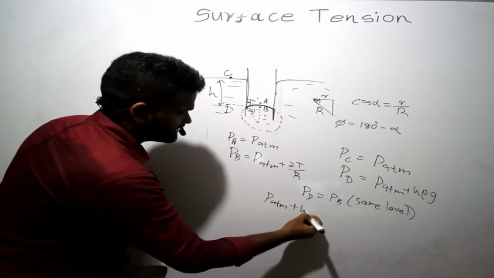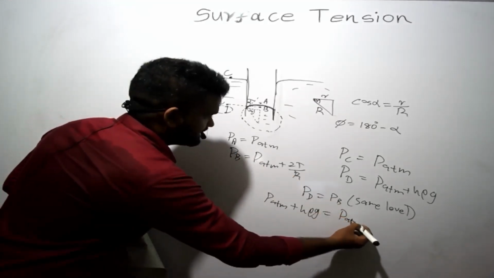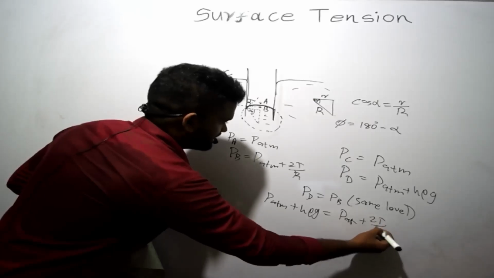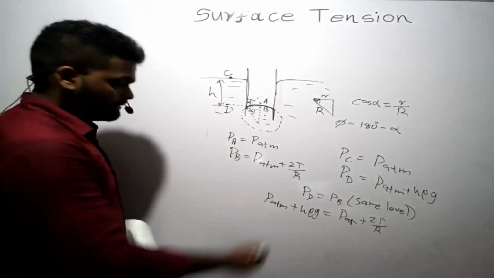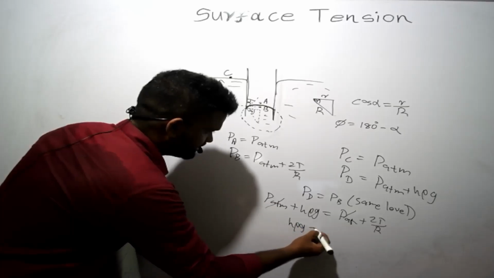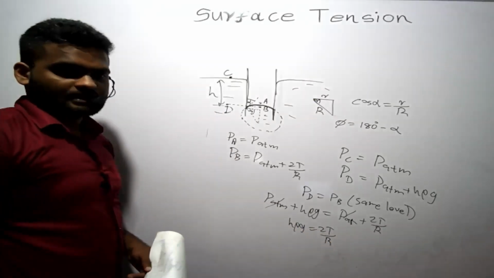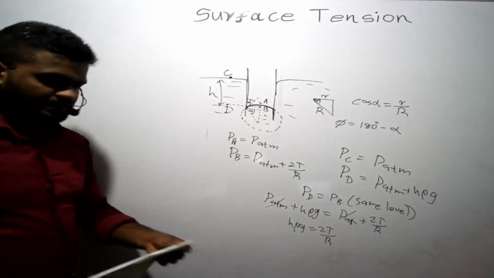PATM plus h rho g equals PB, which is PATM plus 2T divided by capital R. PATM cancels off. Again, what do you get? h rho g equals 2T divided by capital R.